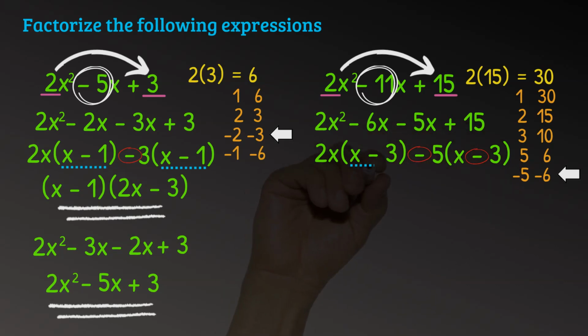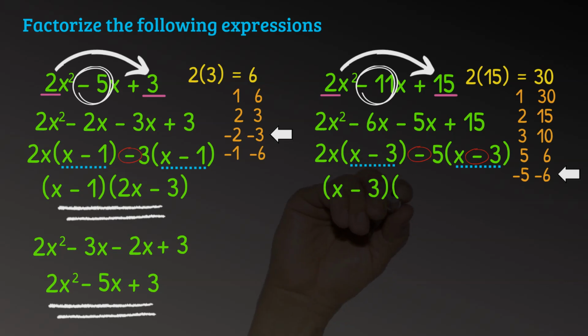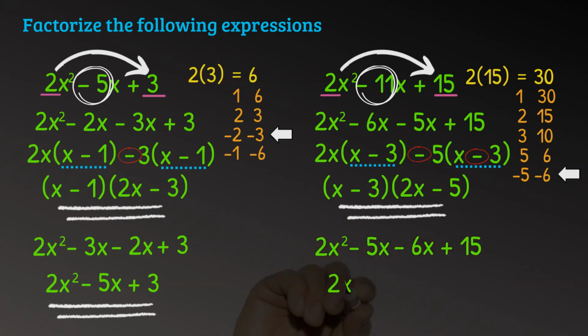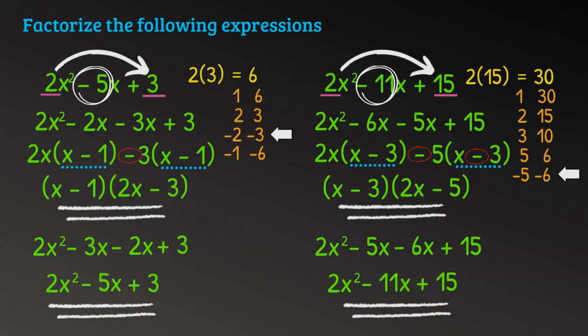Then as long as these two brackets are the same, which they are, we have the first bracket of our solution, which is x minus 3. And as you can see in the line above, x minus 3 needs to be multiplied by 2x and minus 5. So the second bracket is 2x minus 5. And if you want to verify the solution, you can multiply the brackets out and you'll see we get the same as the original expression. So this is also correct.